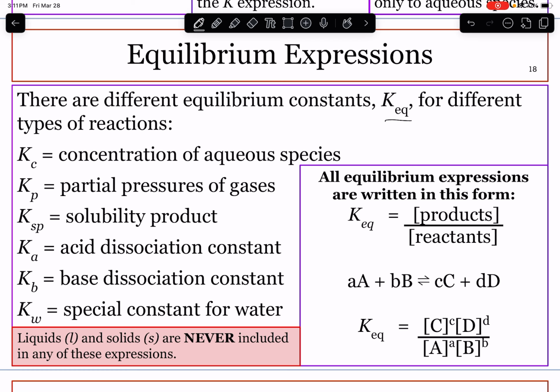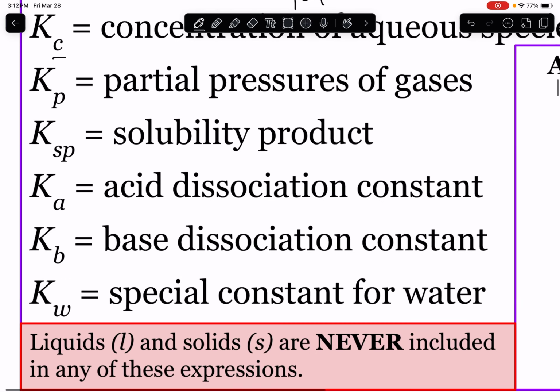The K sub C means you have concentration of aqueous species in molarity. Again, most of these could actually be K sub Cs because almost all of these are calculated using molarity or concentration. The Ka, Kb, and Kw are Ks that we will look at in our acid-base chapter.